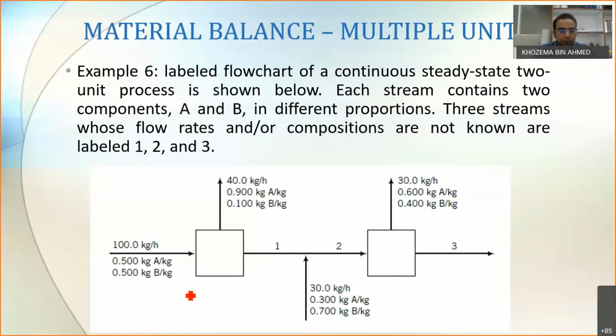3 streams whose flow rates and/or composition are not known are labeled as 1, 2, and 3. So we have this unit 1. Let me put unit X here, to avoid confusion, and this one is unit Y. We want to find flow rate number 1, flow rate number 2, and flow rate number 3.